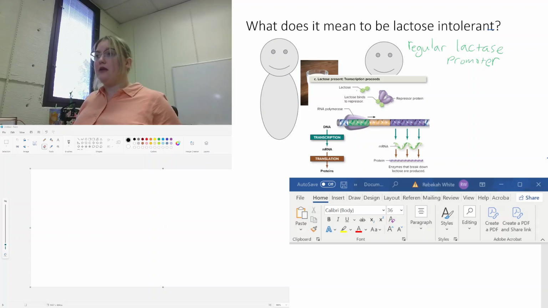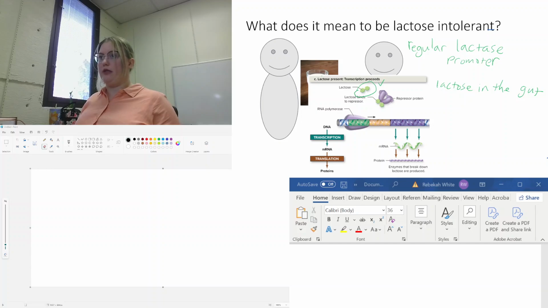And this means that lactose is present in the gut. Now that lactose, this diagram is in bacteria.